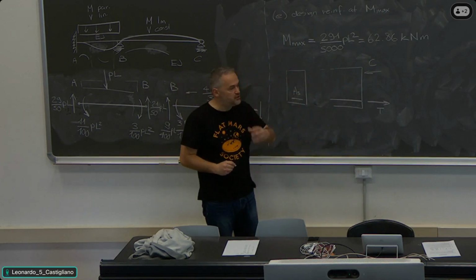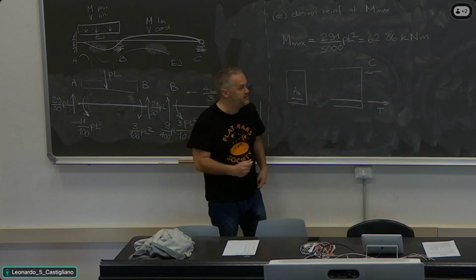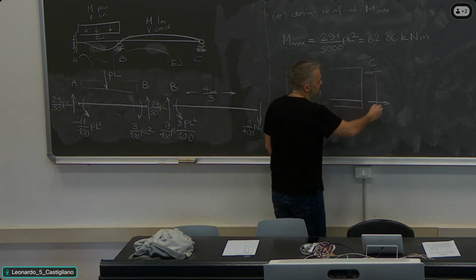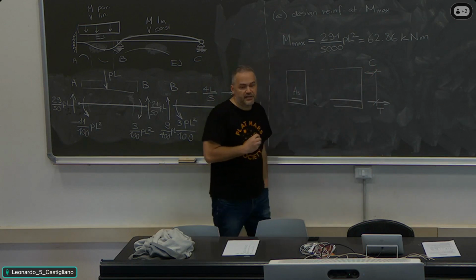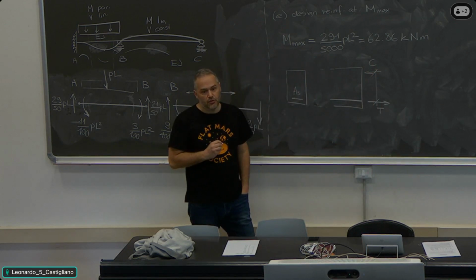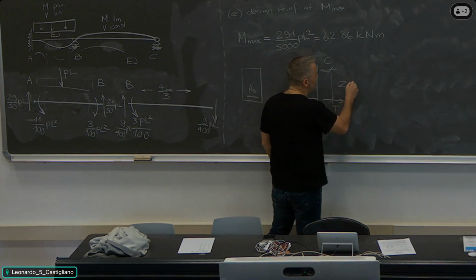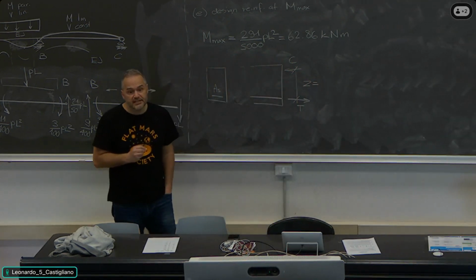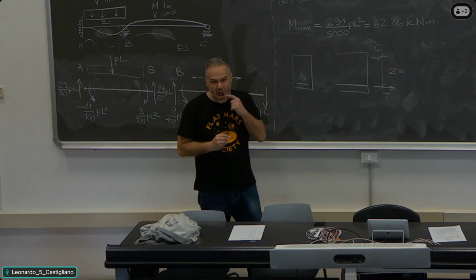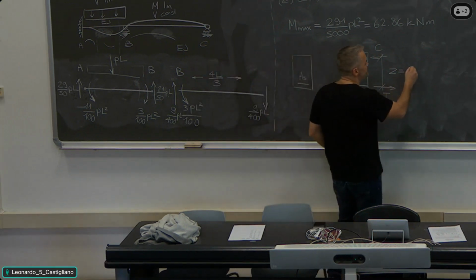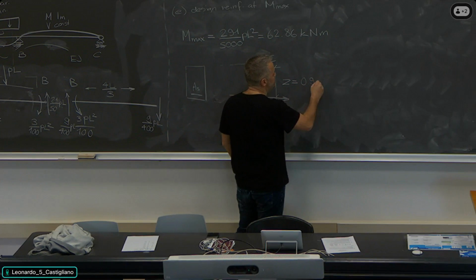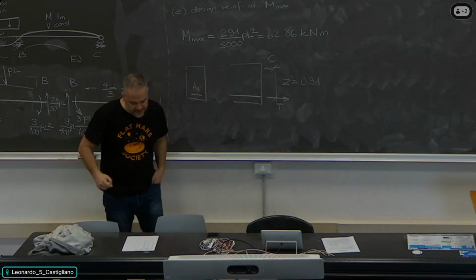What is the most important parameter when you design this? Remember from theory, we have the internal lever arm. If I don't know the reinforcement, this value can be approximated as 0.9 D, where D is the effective depth.